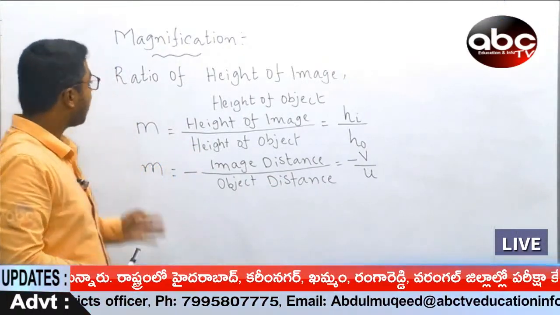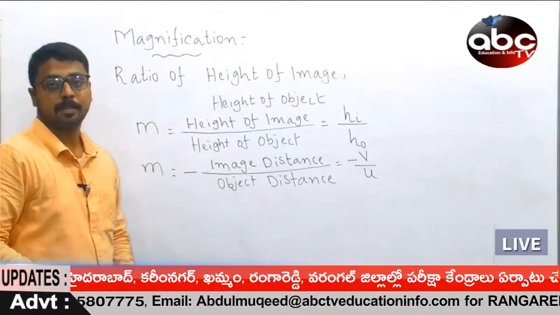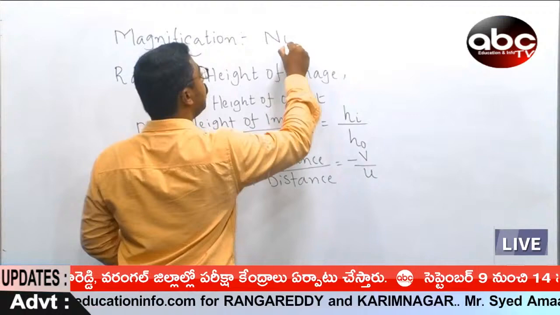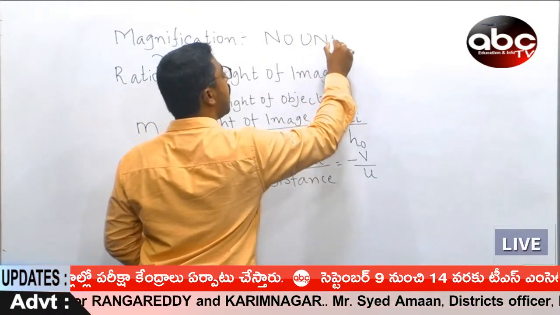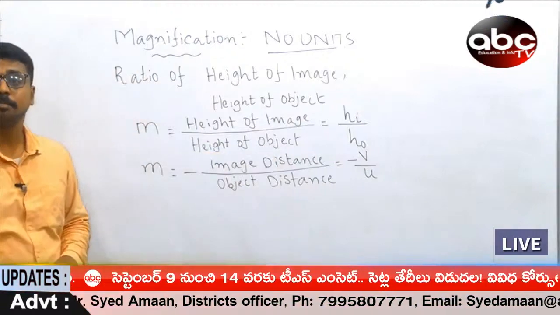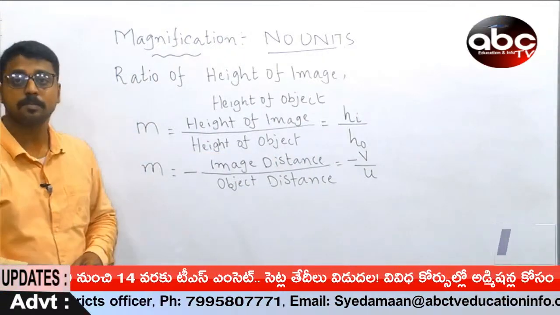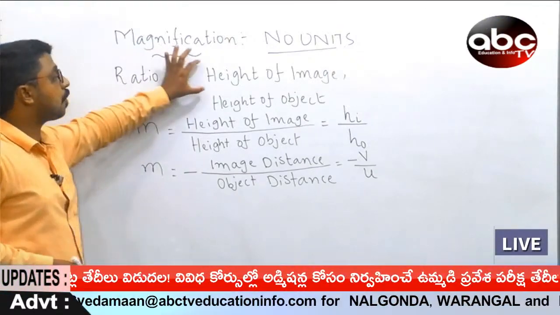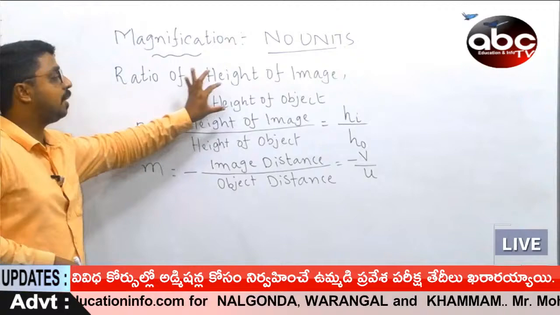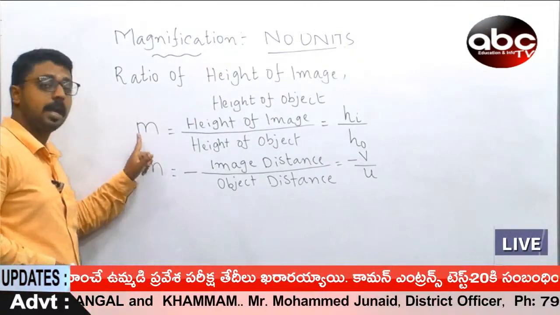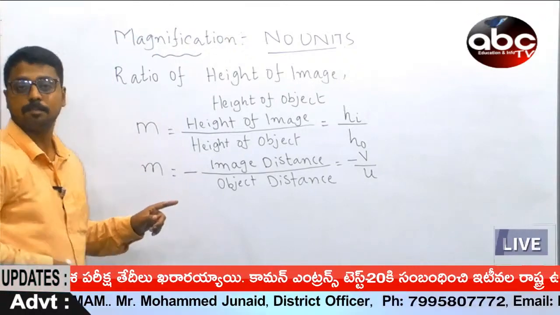So magnification is a ratio, so we cannot expect any kind of units. No units are expected. This is important. A ratio of height of image to the height of object is referred to as magnification, and it is indicated by small m.